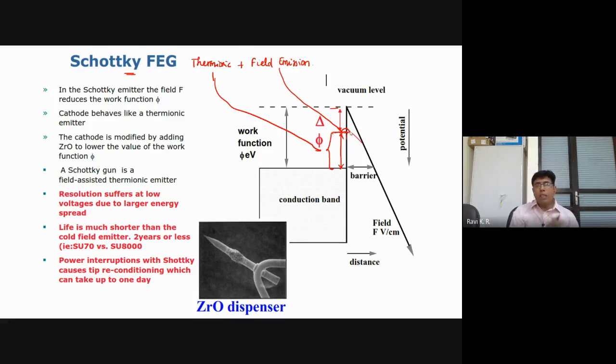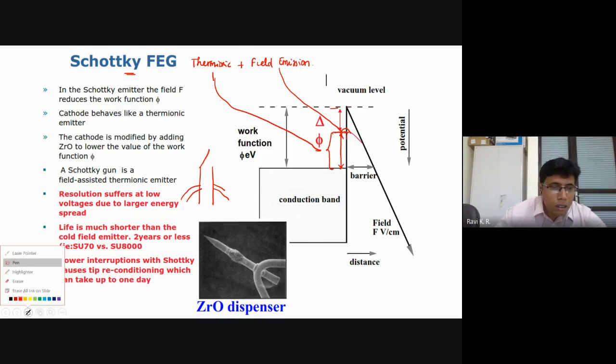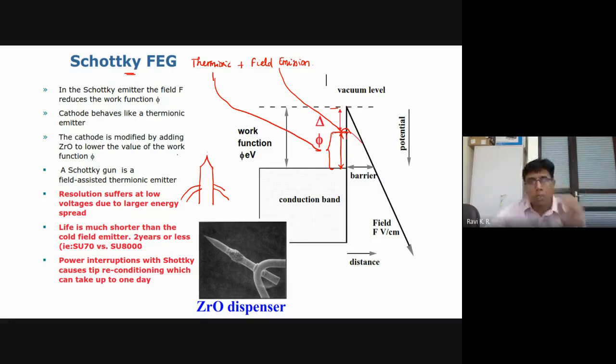So how does it work? If you look at field emission, let's say you talk about cold FEG, you have these connections and a sharp tip. This is for cold FEG. What you see here is slightly different.